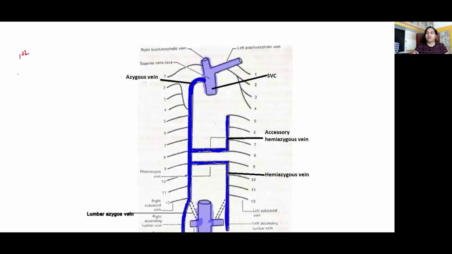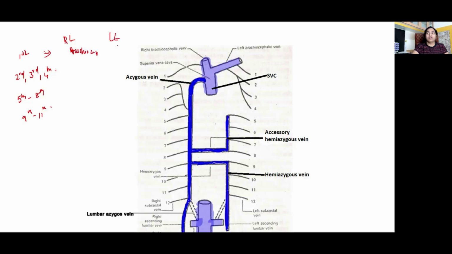So we'll divide into first, second, third, and fourth, okay? And then fifth to 8th, 9th to 11th. So what's happening on each side? The first posterior intercostal vein on the right side and on the left side, they drain into the brachiocephalic vein.